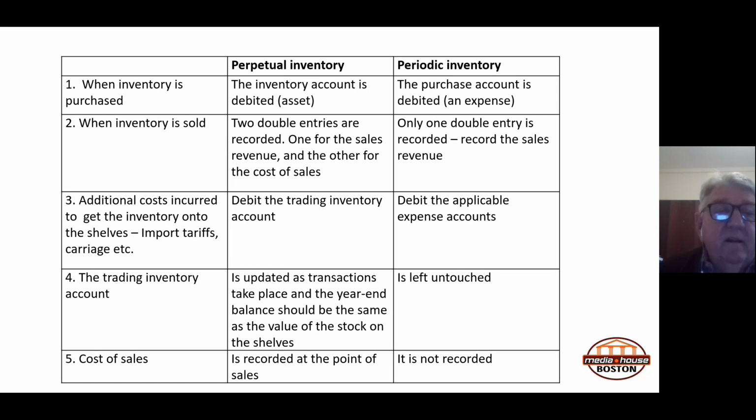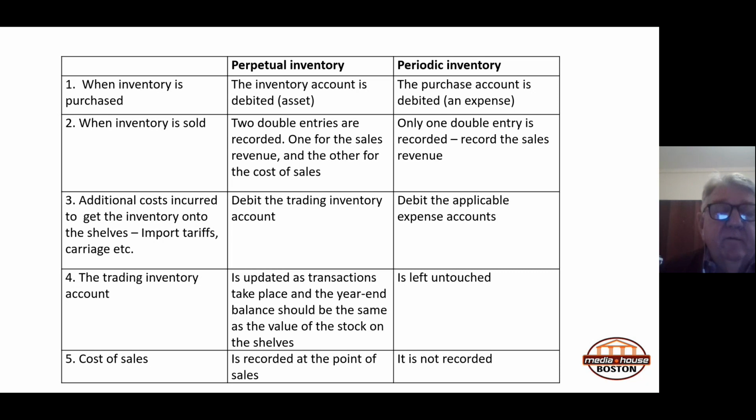Now, when we sell the inventory under the perpetual inventory system, we're going to do two entries. First we're going to record the sales, the revenue. And then on the other hand, we are going to record the cost of sales.